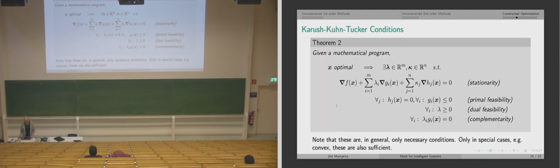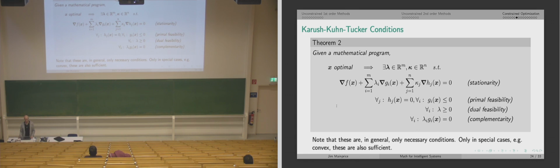Given the mathematical problem, we have Lagrange multipliers for the equality and the inequality constraints. For the inequality, it's the lambdas, and for the equalities, it's the kappas. And we have the KKT conditions. There are 4 KKT conditions. The first one is stationarity, which is the one that we just illustrated with this drawing.